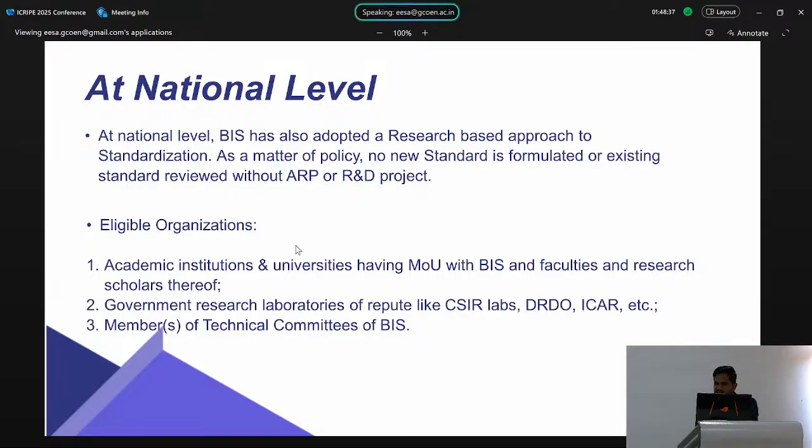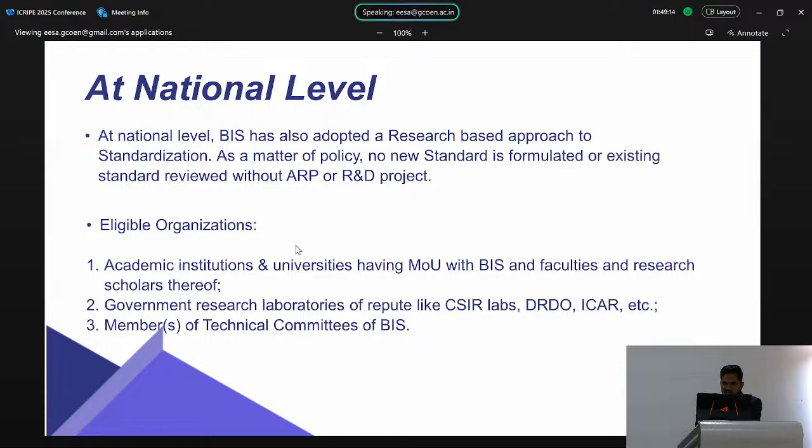Earlier, we used to prepare a draft standard and then take comments, and industries used to comment that there is an issue with the practical application of this standard, and this parameter is not in line with our industrial practices. But now we already carry out research and then share the standard with our stakeholders. So when research is already done, the standard is formulated in lesser time, and there are no technical mistakes in the standard.